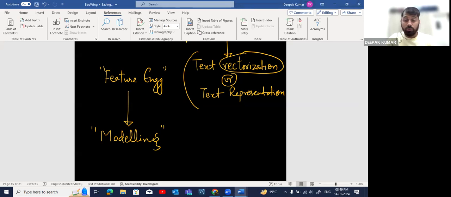And needless to say, we have already seen the types of modeling. The modeling could be semi-supervised, unsupervised, supervised, or reinforcement. Similarly, a machine learning model has to be applied. Modeling is now to be considered either by a machine learning model, ML model, or you may go for a deep learning model.